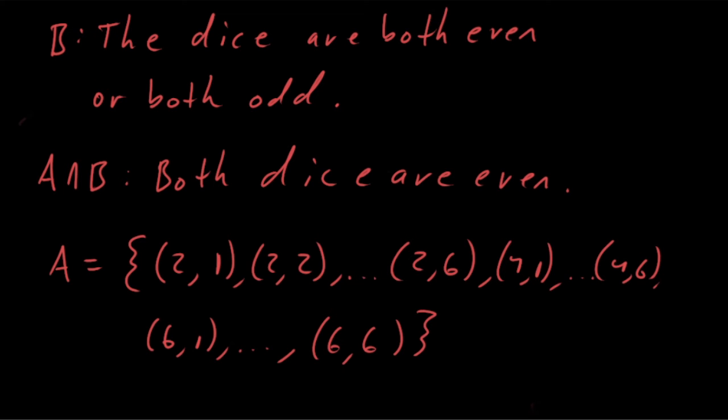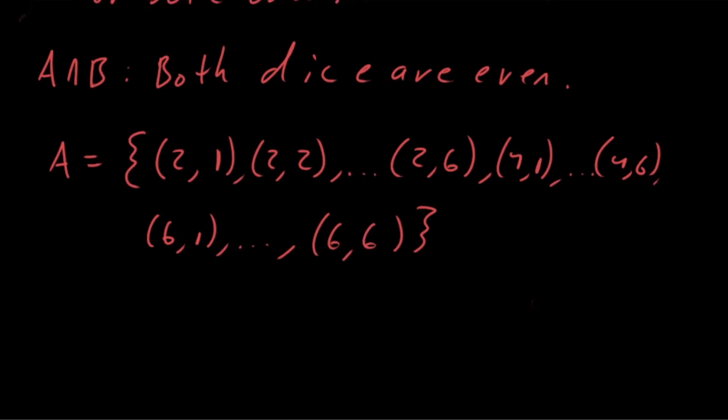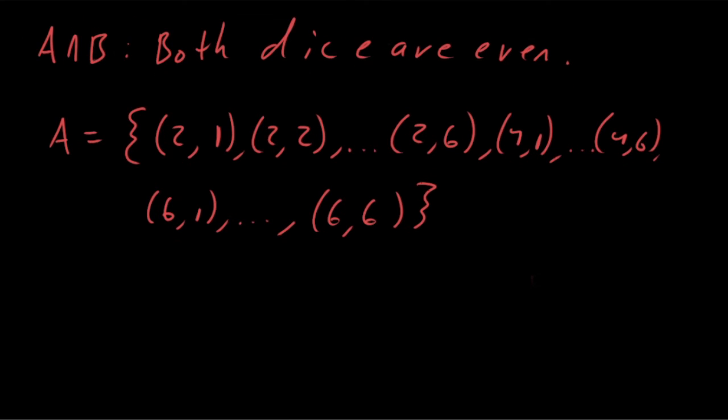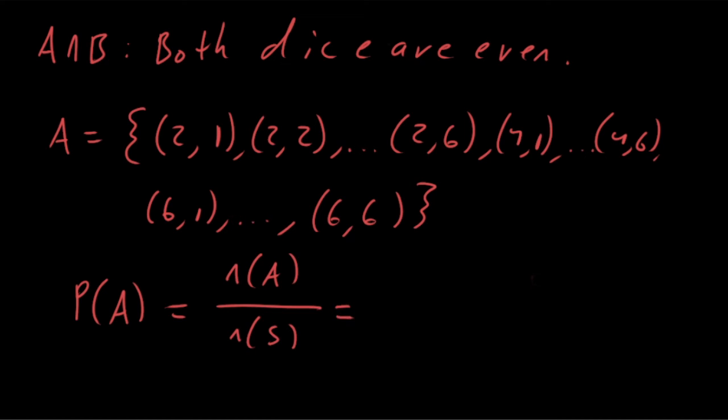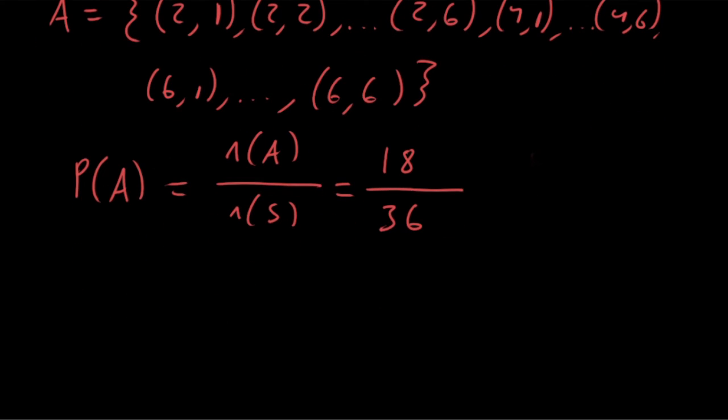So as you can see, the red die is even. That's half of them all, right? So the probability of A is going to be, there's going to be what, 18? So the number of A over the number in the sample space. So the number in A is going to be 18 over the number of S, remember that's 36 because there's 2 dice, right? So that would be the probability of A.